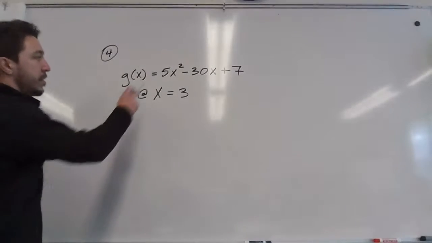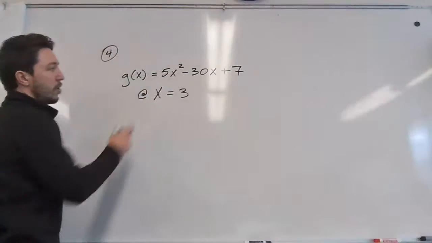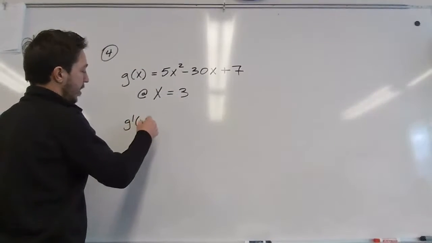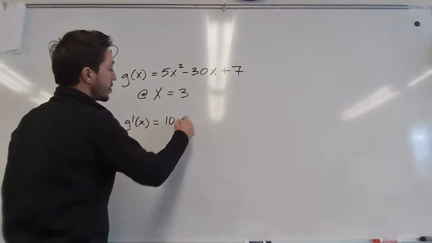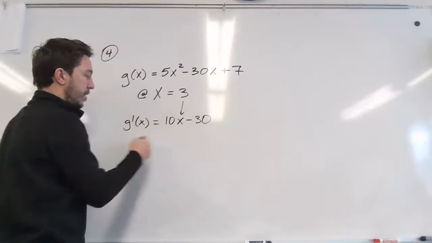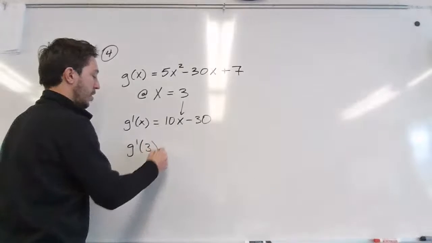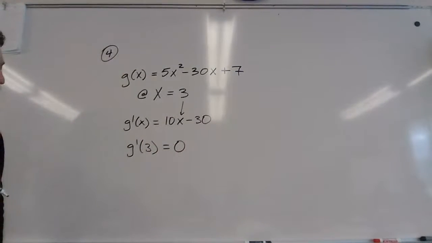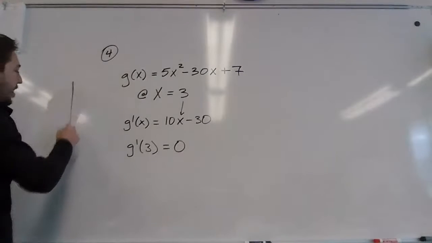What's the normal line to this parabola when x is 3? Well, some quick calculus gives us a derivative of 10x minus 30. And then wait a second, when I plug that 3 in, I find that the derivative is 0. So what did I just find, by the way?